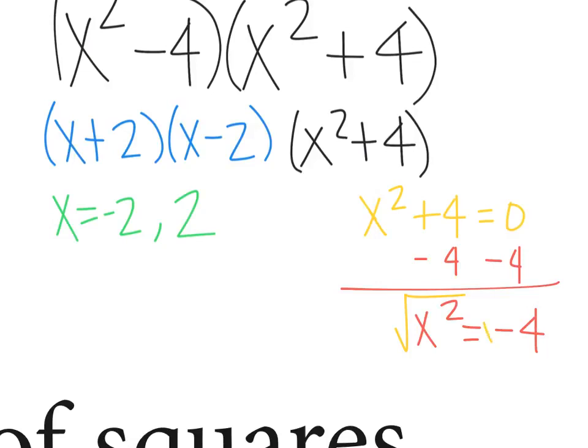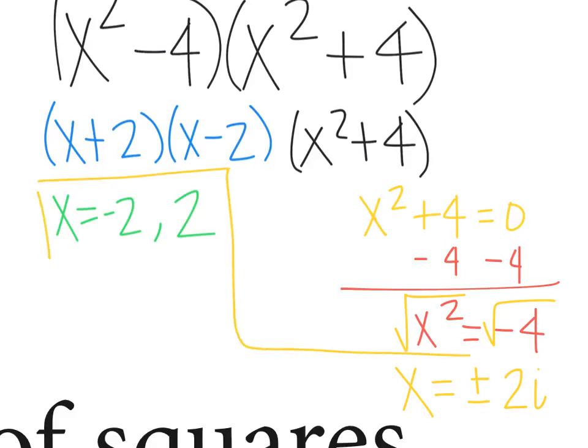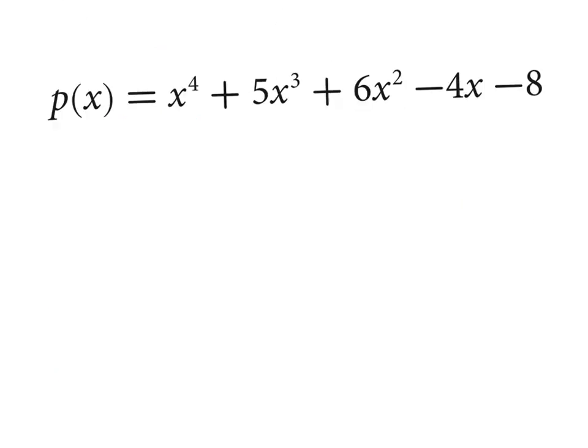So if I square root negative 4, I get 2i. You have a positive and a negative 2i. So my 4 solutions are x equals negative 2, positive 2, and positive and negative 2i.